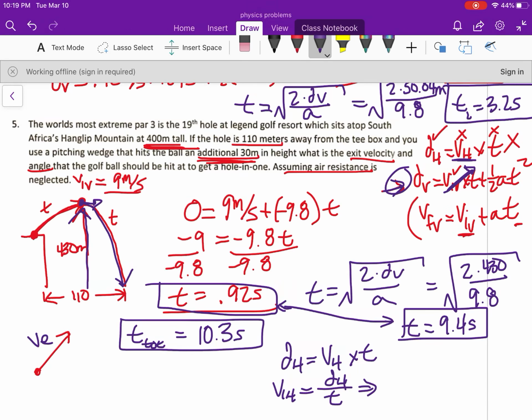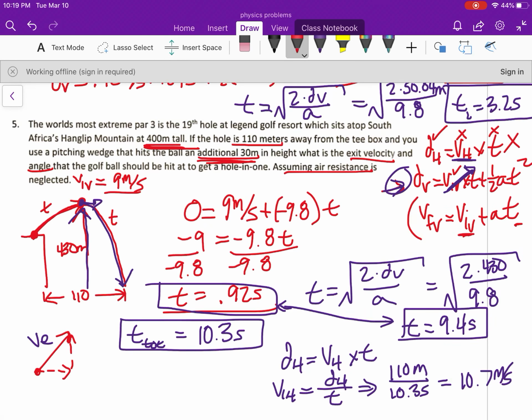To plug this in, my horizontal distance is 110 meters. My time is 10.3 seconds. Therefore, my velocity is 10.7 meters per second.